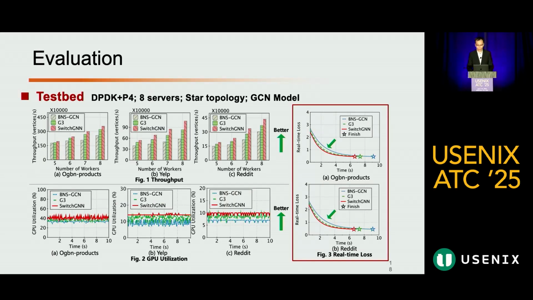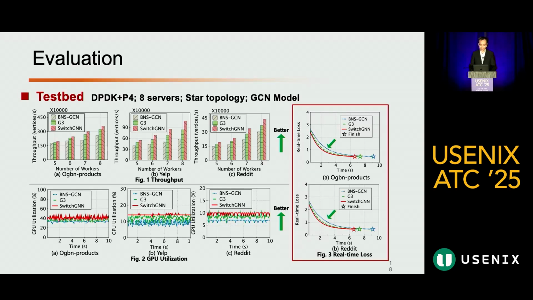SwitchGNN runs on Intel P4 programmable switches, and for cross-rack communication, we use fast local links like NVLink between GPUs. Our testbed has 8 machines connected in a star topology.